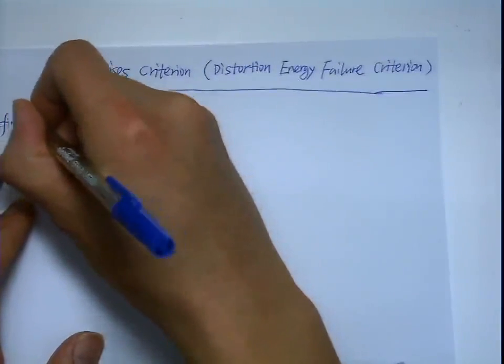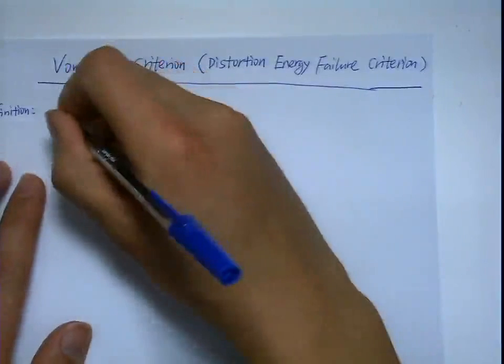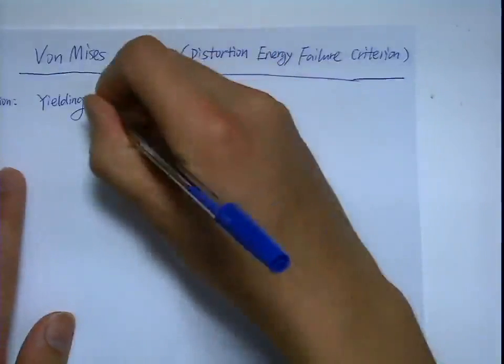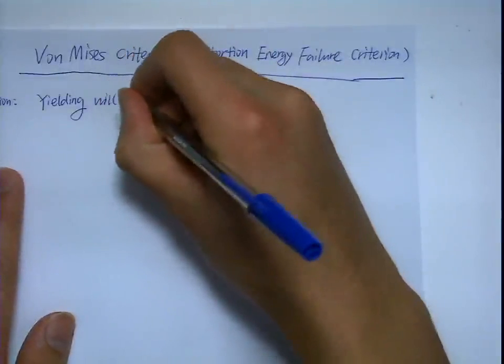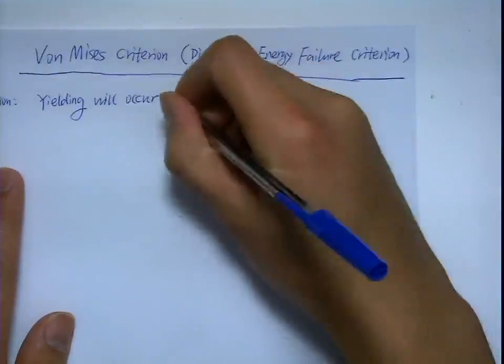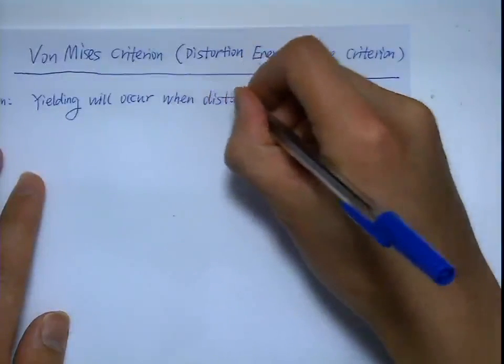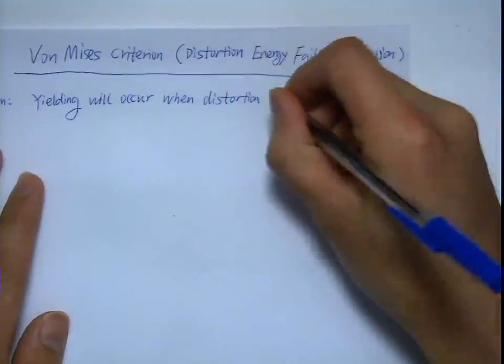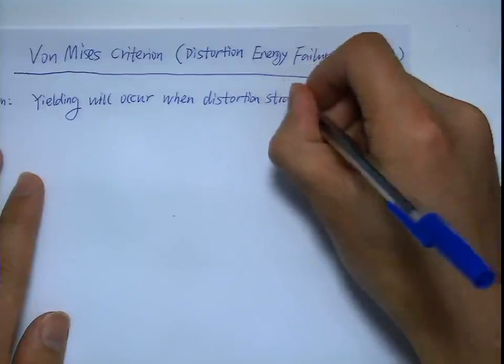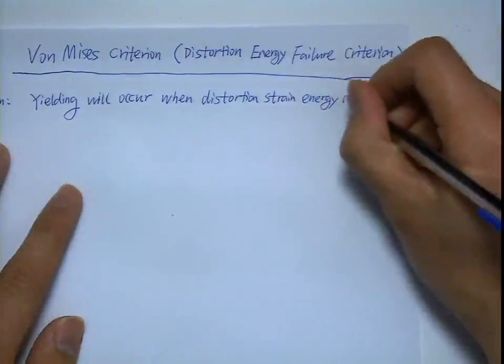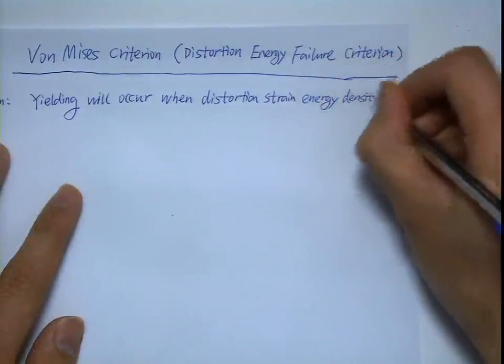Definition. So that means yielding will occur when distortion strain energy density, this is something you are familiar with.